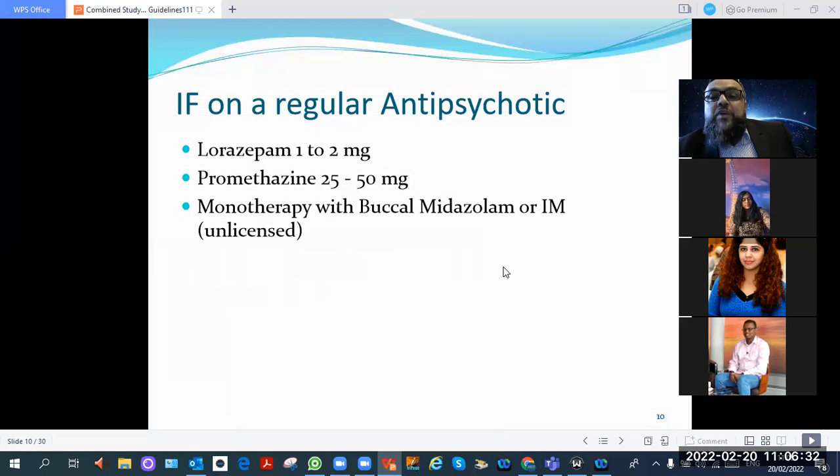So monotherapy with buccal midazolam or IM, it is unlicensed, and as compared to benzodiazepines, as compared to lorazepam, midazolam does more respiratory depression, and that is why we need to be careful in using midazolam.